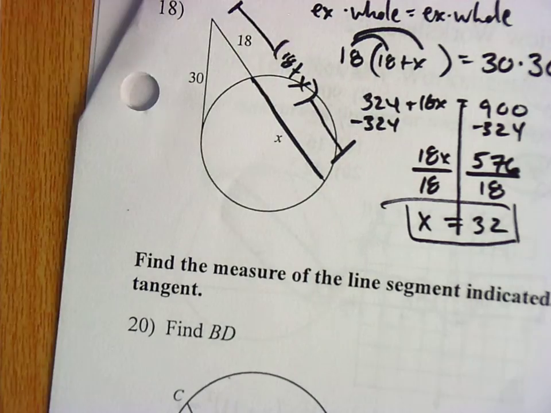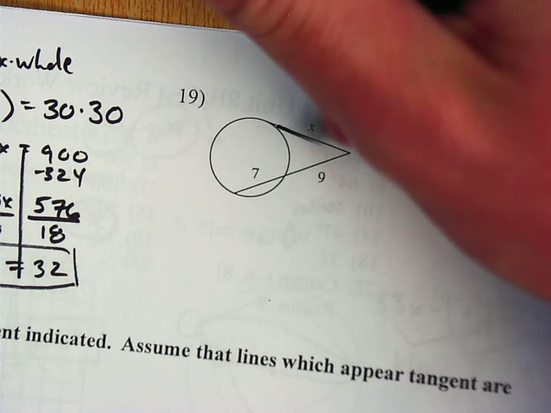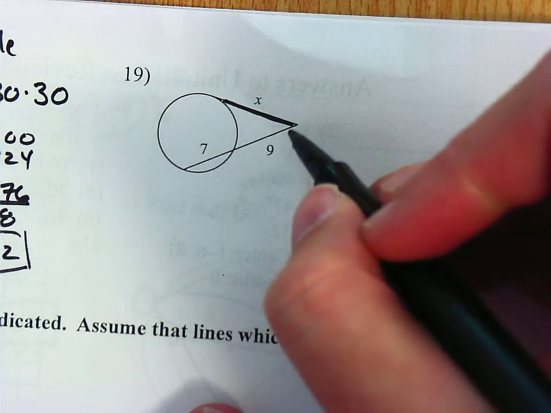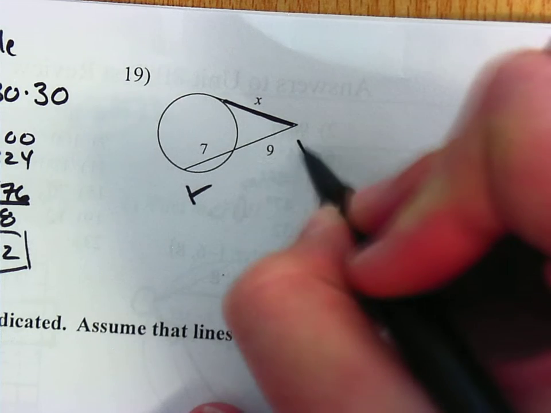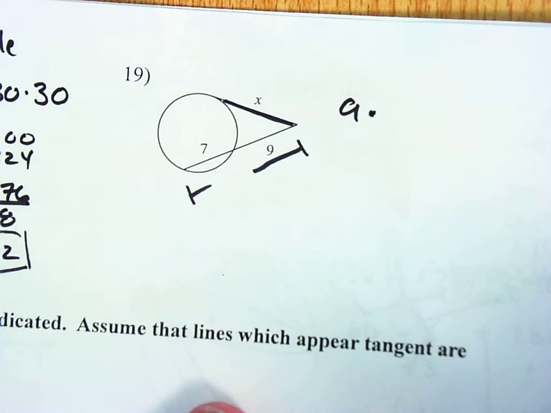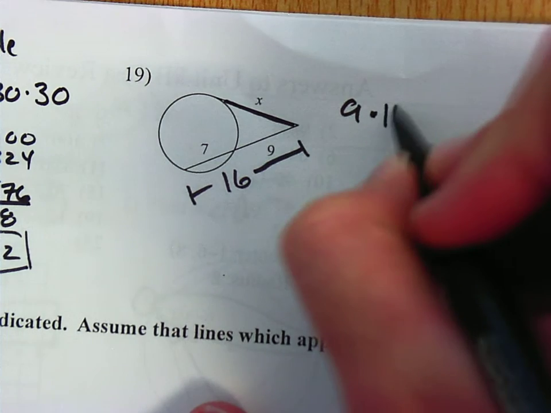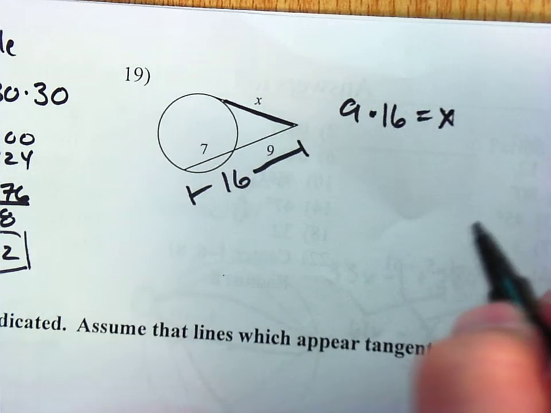Okay, and one last one, looking at number 19. Again, we're asking angle or segment. It's a segment. So inside or outside? It's outside. So we're doing external times whole equals external times whole. Well, the external over here is easy. It's 9. The whole we get by adding them together. It's 16. Okay, the external again over here, quite simple. It's x.